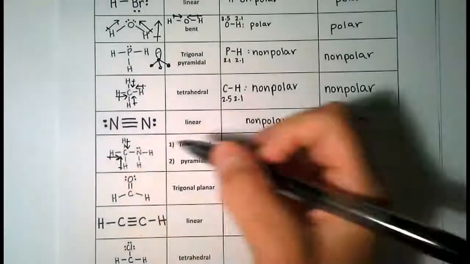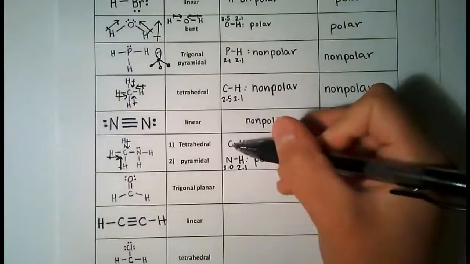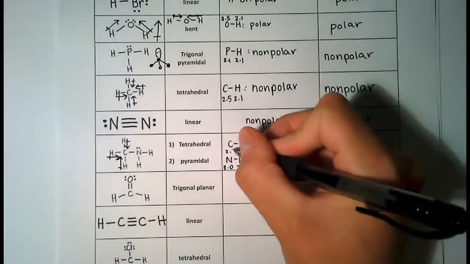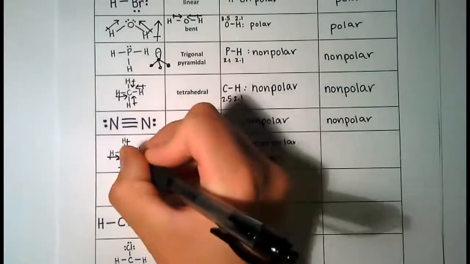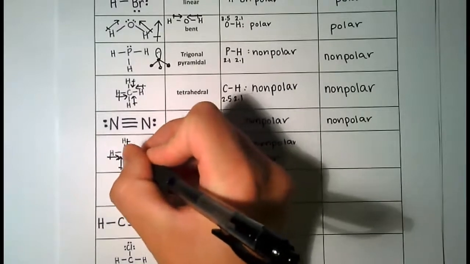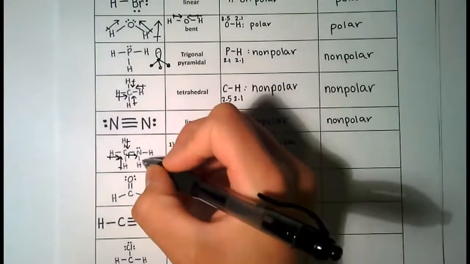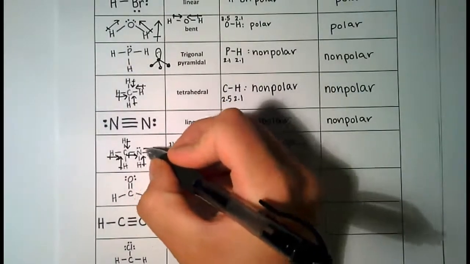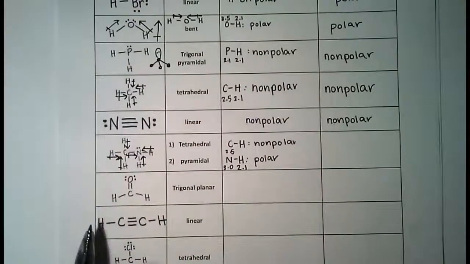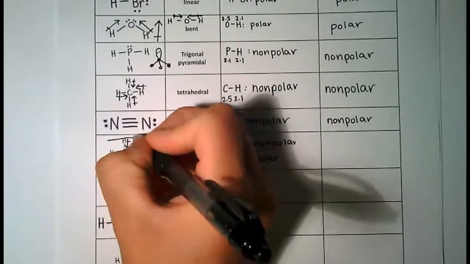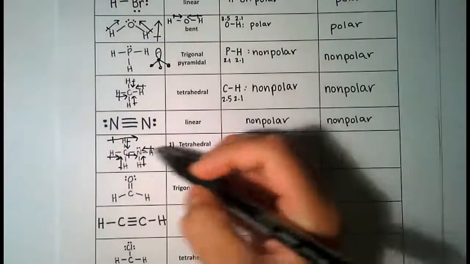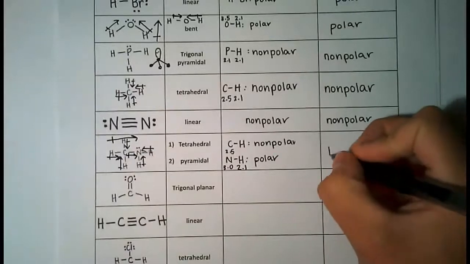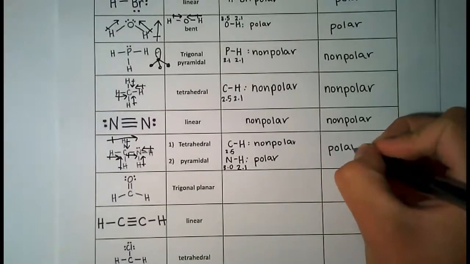But then between carbon and nitrogen, carbon is 2.5 and nitrogen's 3.0, so these electrons are being drawn towards the nitrogen. And then also with the hydrogens, the electron density is being drawn towards the nitrogen. So overall, this molecule does have a polarity. The electrons are being drawn towards the nitrogen. So overall, this is a polar molecule.